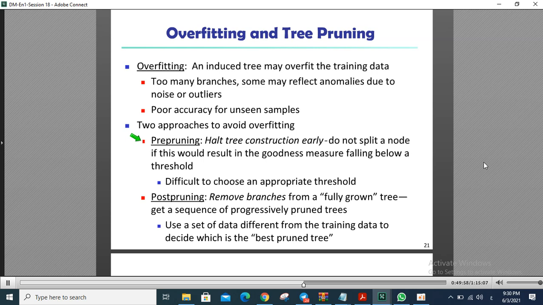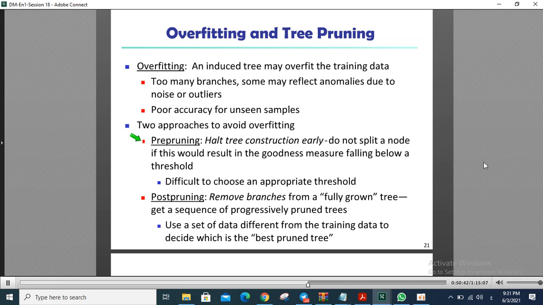During the pre-pruning, before splitting a node, we should make some calculation to answer this question: is it good for me to continue the split process? Yes or no?